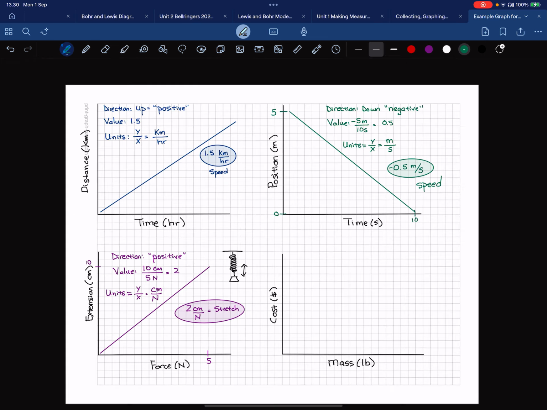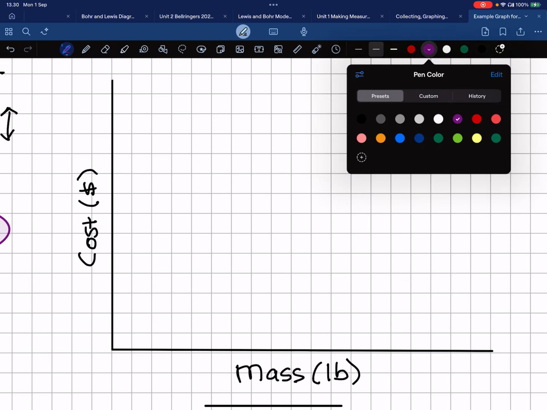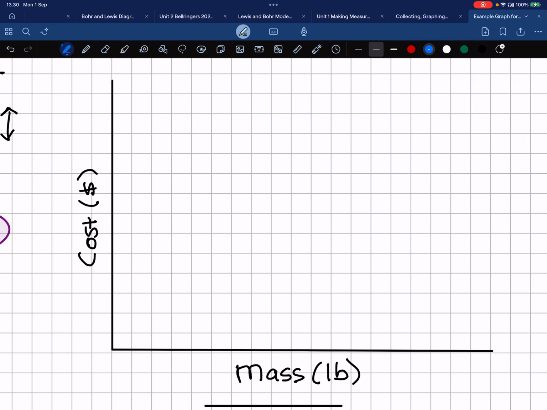Finally, let's say that you're buying some, I don't know, steaks at the grocery store. You're buying some meat at the grocery store. And the meat costs $8 for every pound. Okay? So, if we have, say, 10 pounds right there, then that's going to be $80 right there.